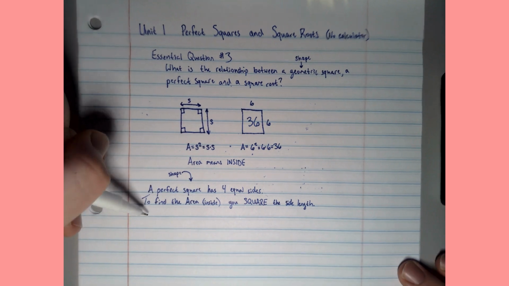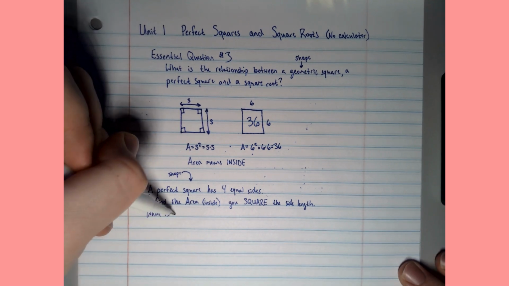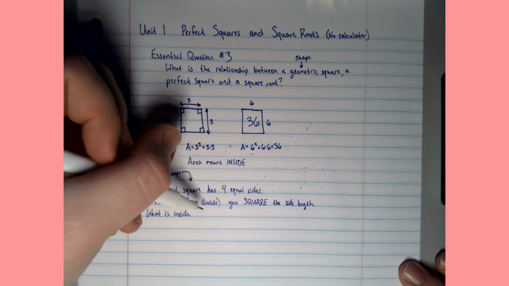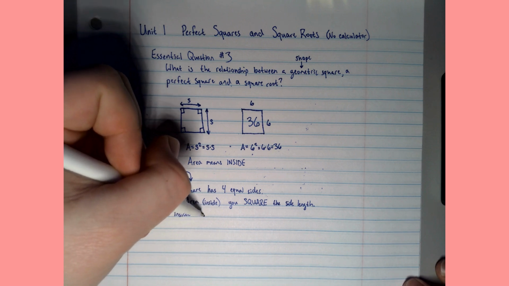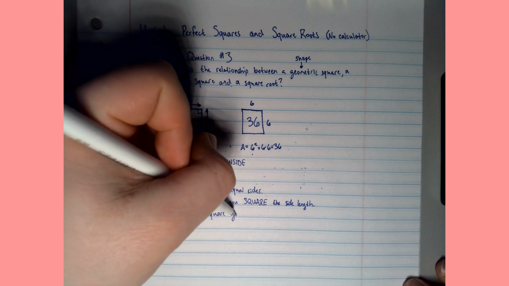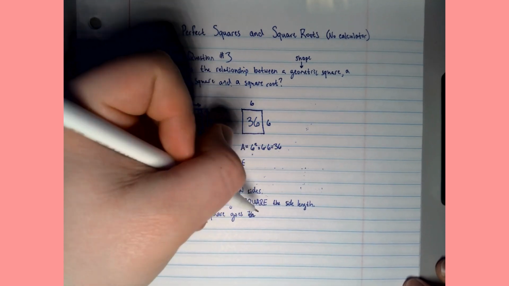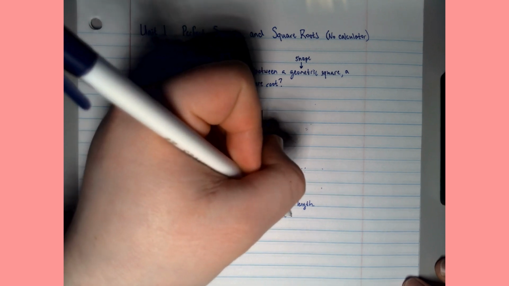Now, what is inside the square, also called the area? That's the inside of the square. What is inside the square goes inside the radical.